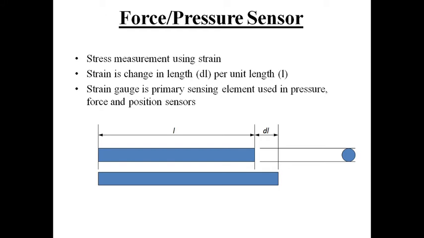We can say strain is directly proportional to the applied force, or to the external stress. So by knowing the strain, we can calculate the magnitude of the applied force. We are going to use this phenomenon to calculate the applied force or pressure.